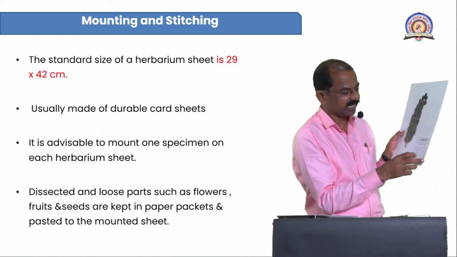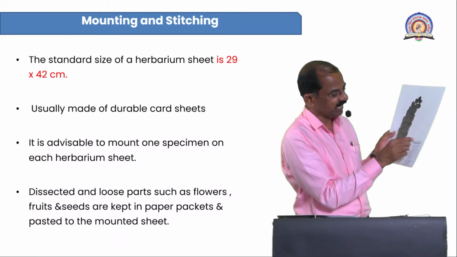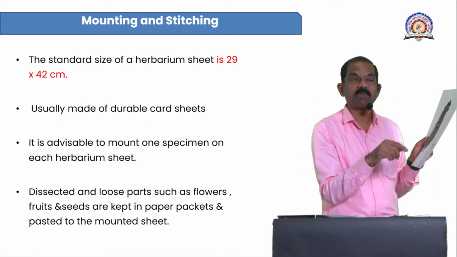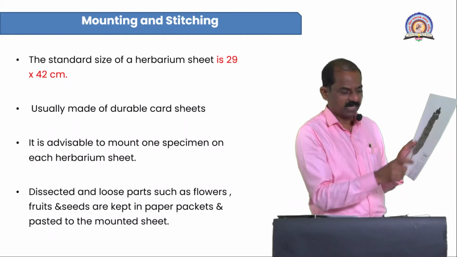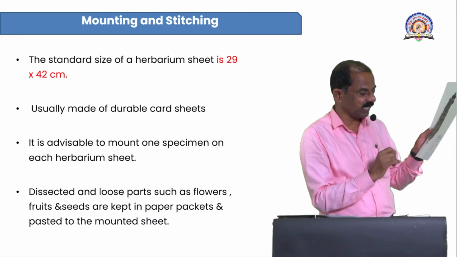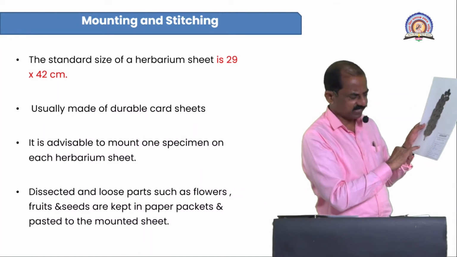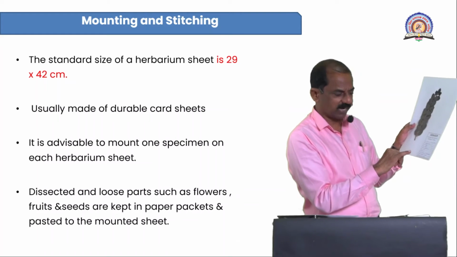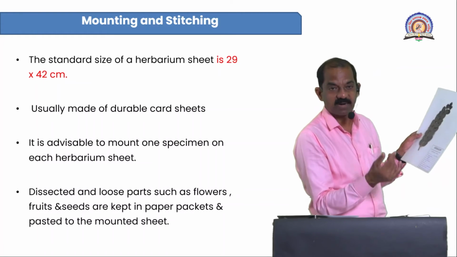The label is about 11.11 by 5 centimeters in size, in which we label the plant specimen properly, with the serial number, family, genus, species, locality, habit, vernacular name, remark, collected by and identified by.